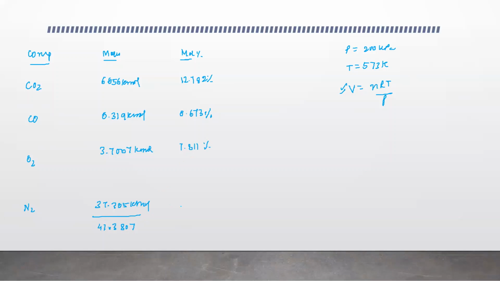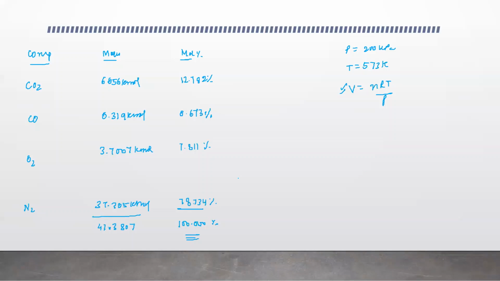And nitrogen, since it is the maximum, is going to be 78.734. So if you add them, they should come out to 100. Yeah, it comes out to 100. All right, so that's your result. That's the answer. That's what the question was demanding.